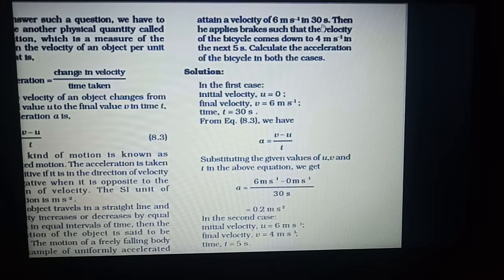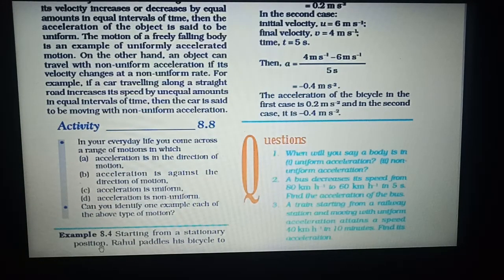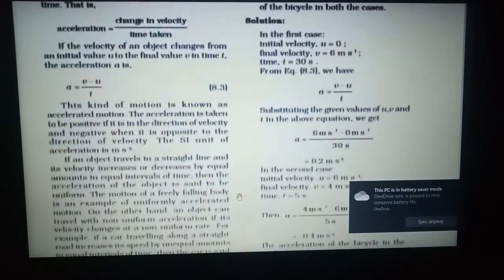Now a very main thing is given to you in this line. He said that Rahul is starting from a stationary position, means its initial velocity was 0 because he had started from the rest. A stationary position means he was at rest initially. Because when anything is at rest, what is its velocity? It is 0. So u is equal to 0.